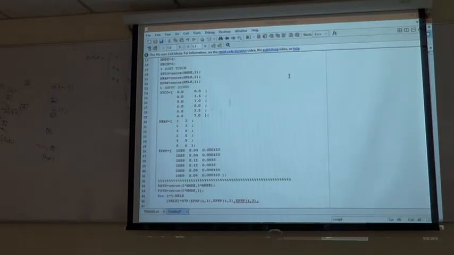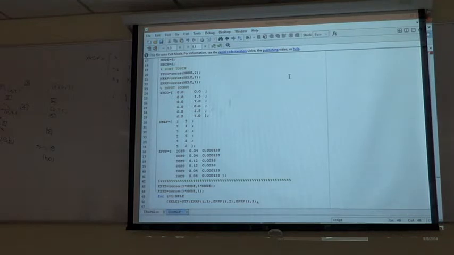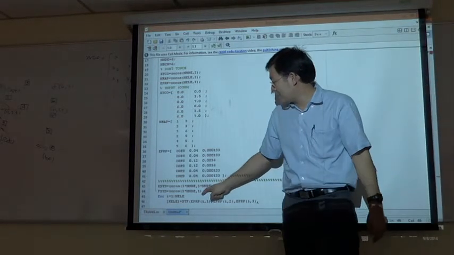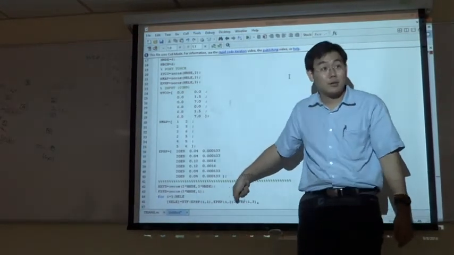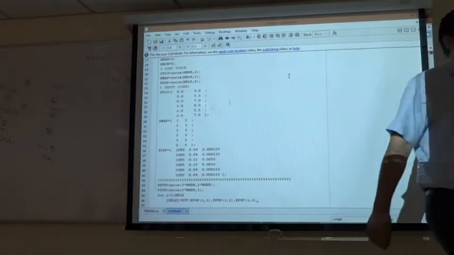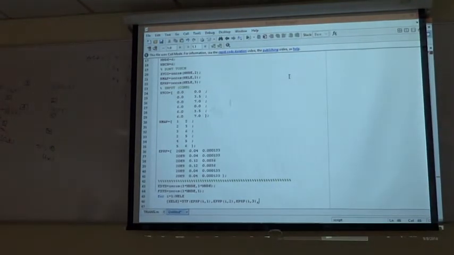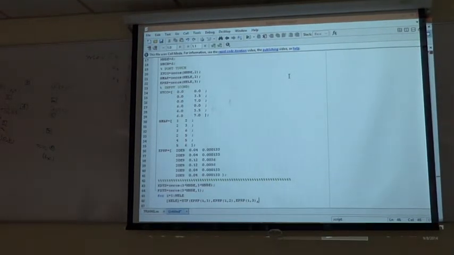So right now you plug the E, A, and I into this subroutine, and this EAI will change as you change the ith element.